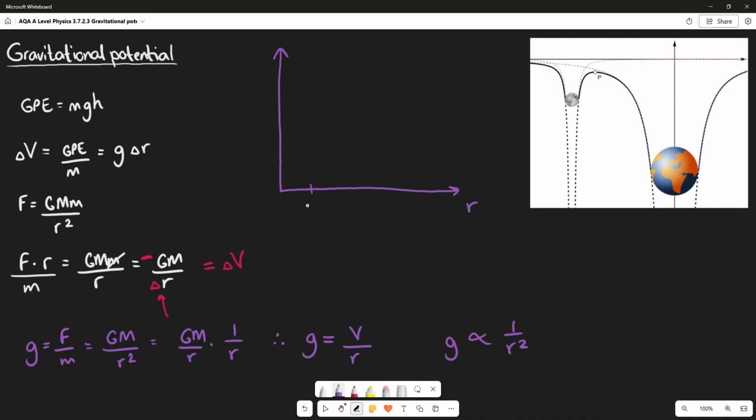Again, the smallest radius that can exist is the radius of the planet itself, and on the surface of the planet, we're going to have the gravitational field strength on the surface of the planet. So the graph will start up here, and then it will follow an inverse square law pattern, never quite reaching 0.